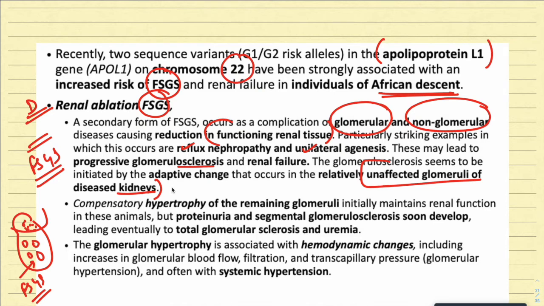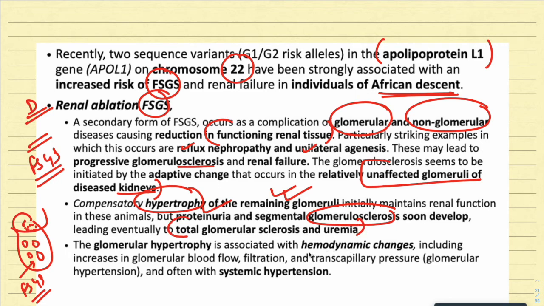Over here there is a compensatory hypertrophy of the remaining glomeruli. This compensatory hypertrophy will initially maintain the renal function, but at a point of time they will fail, and there will be development of proteinuria, and segmental glomerulosclerosis or FSGS is going to develop, and eventually total glomerular sclerosis and uremia will develop.